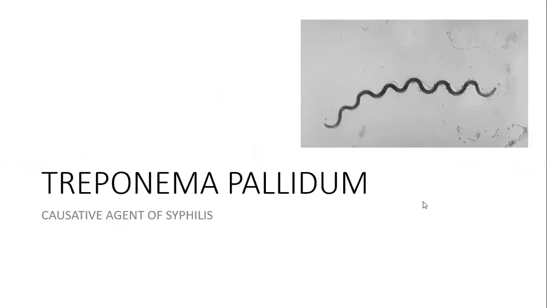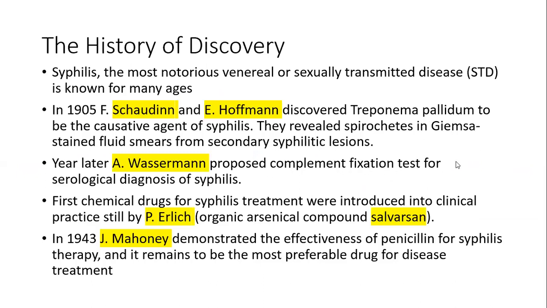Okay, let's start with syphilis. The history of discovery began in 1905 when Schaudinn and Hoffmann discovered Treponema pallidum as the causative agent of syphilis and revealed spirochetes in the fluid smears from secondary syphilis lesions.